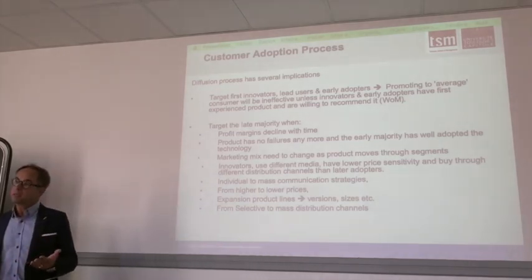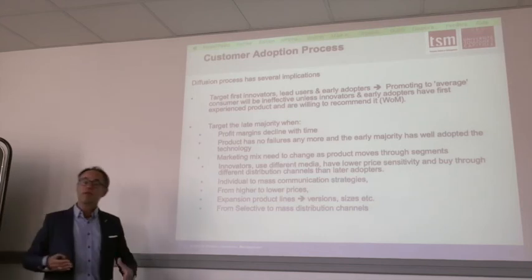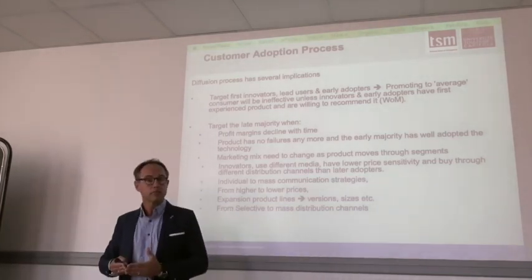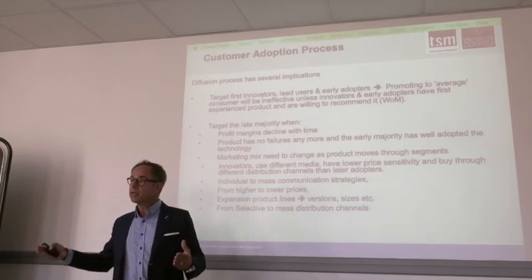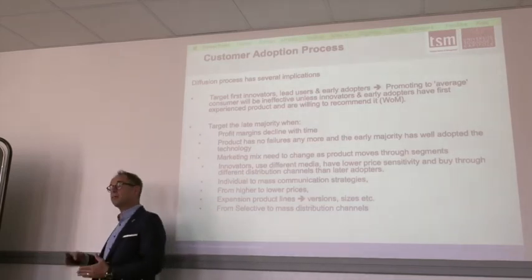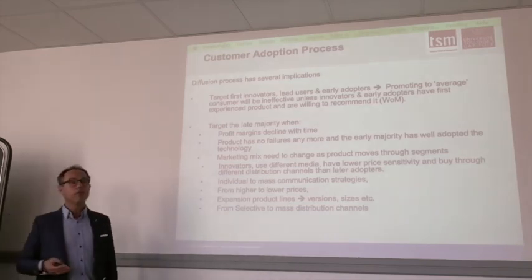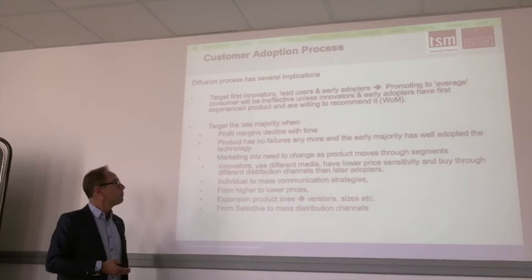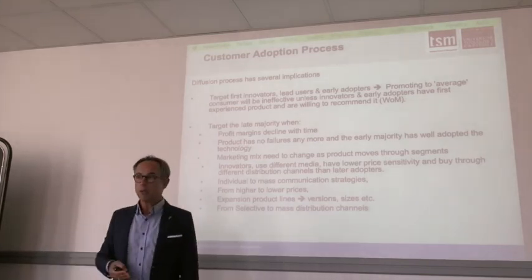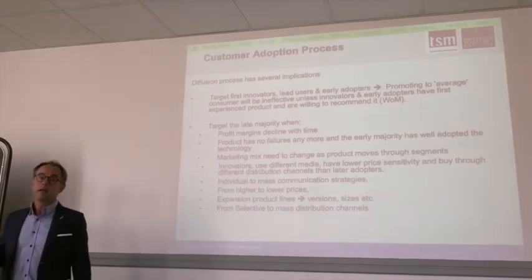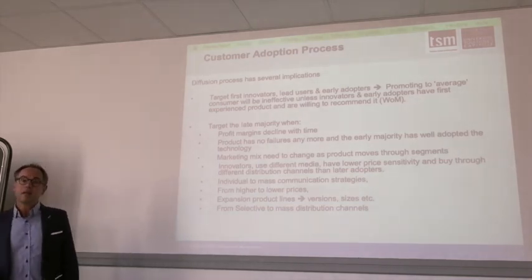To illustrate that, let's take again the smartphone market. In the early beginning, when the smartphones were launched, only innovators and early adopters adopted these technologies, at high prices. There were very few versions because the market was very restricted, so there was no need for a large amount of product versions.